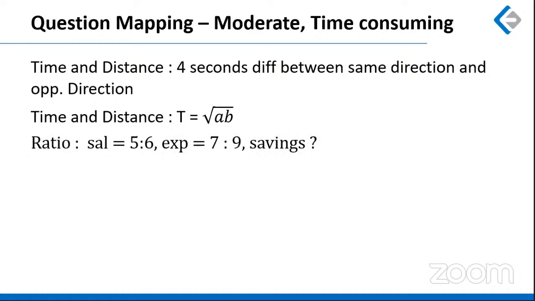Another question where the ratio of salaries was given as 5:6, the ratio of expenses was given as 7:9, and we had to find out who is saving more out of the two persons. Here one might want to work with different values at different levels.